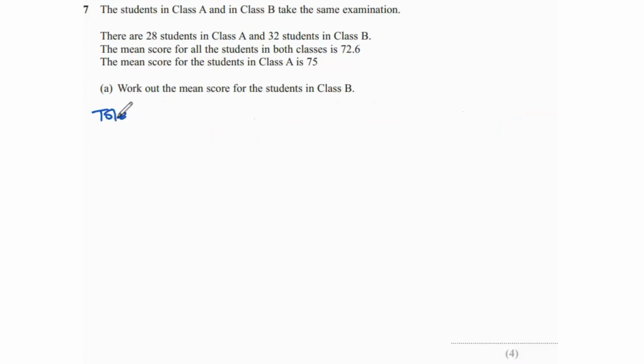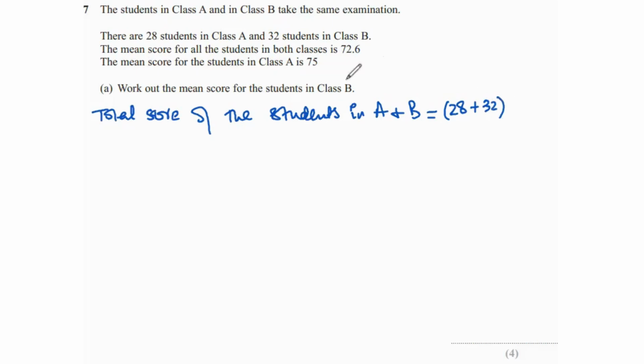So total score of the students in A and B. We add the total number of students, 28 plus 32, and multiply by the mean, 72.6. So that's 60 times 72.6, which gives us 4,356.